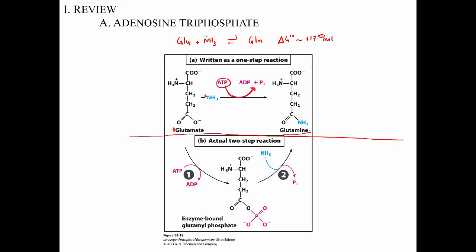Now, why am I bringing this up? Oftentimes anabolic reactions that use ATP are drawn like this, where you just have ATP being hydrolyzed and ADP and inorganic phosphate generated from that. And this gives the impression that ATP is hydrolyzed and good things happen. It doesn't really give you an idea what happens.